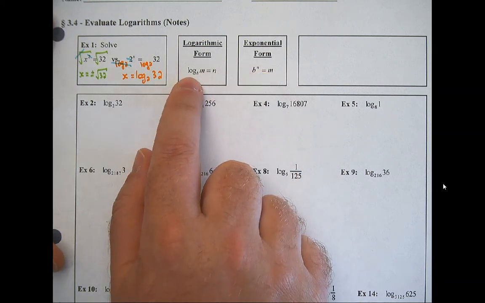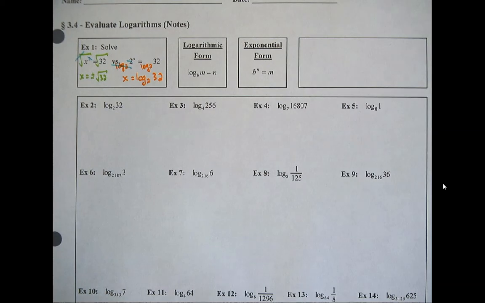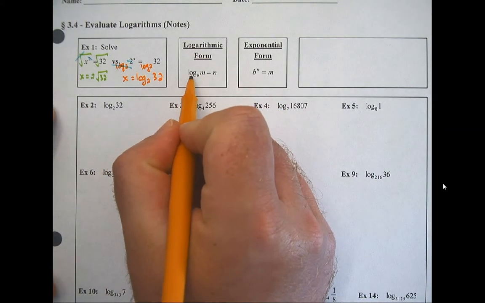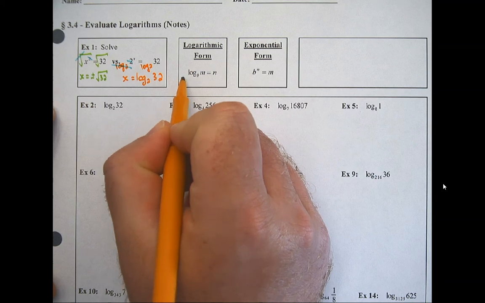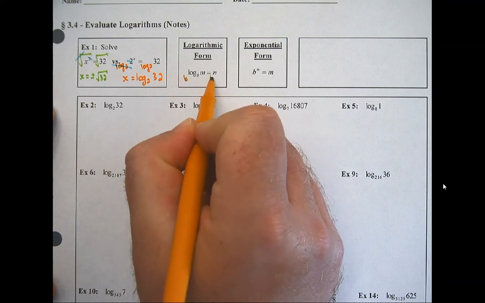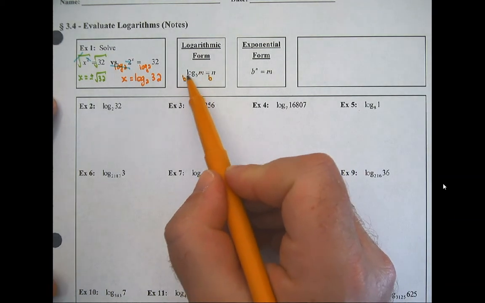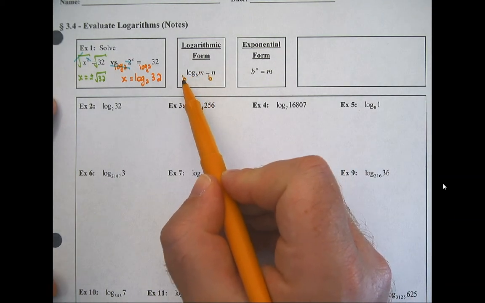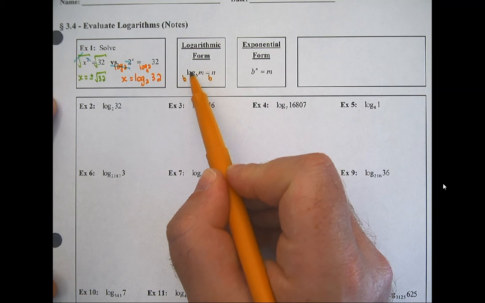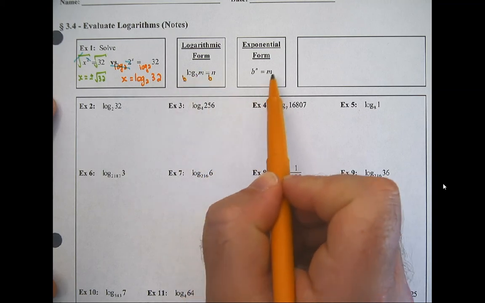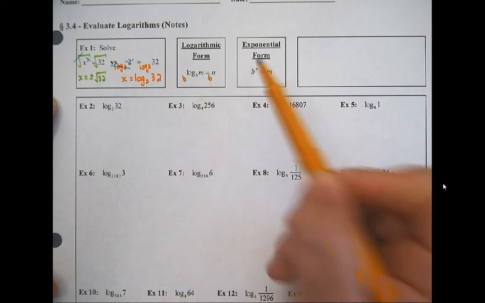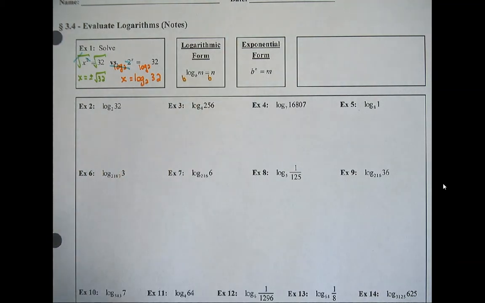It doesn't have a log anymore. All we're doing to convert this into this is applying b to the on both sides. So we raise both sides to b. The b to the and the log base b cancel each other out, and that's where we get the m, and then b to the n is on the other side. I'm not going to solve it that way, but I'm going to think about it that way.